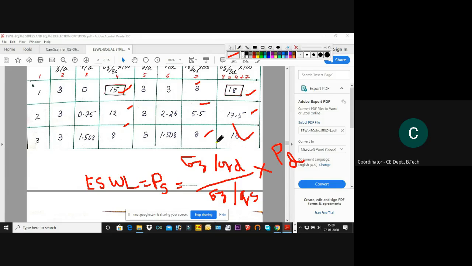Okay, so among these 6 values, take the maximum value, which is what? See, 15, 12, 8, 3, 5.5, 8. What is the maximum value among these? 15. So put it here. And among the 3 values here, the maximum is 18, so put 18 here. Clear?